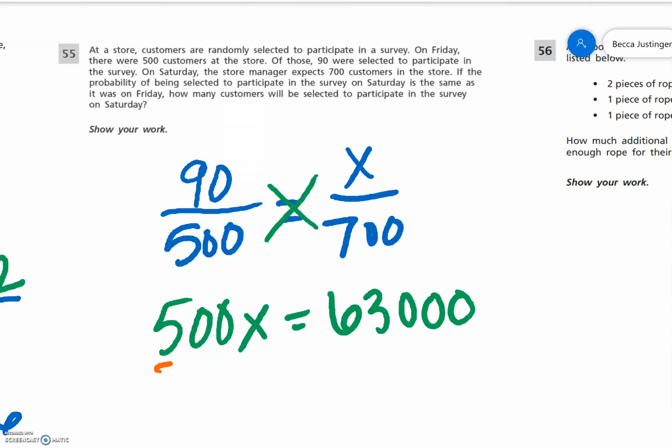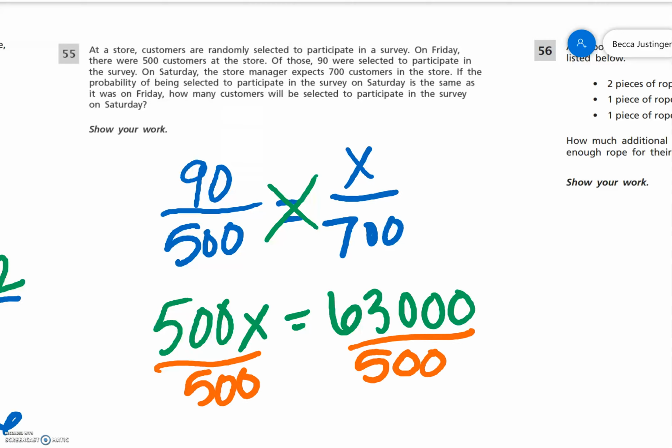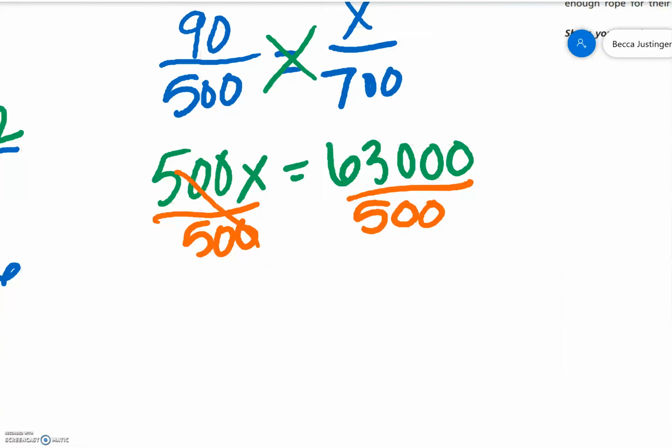Okay, then we divide by 500 on both sides. Get out my calculator. And we would expect to survey 126 people.